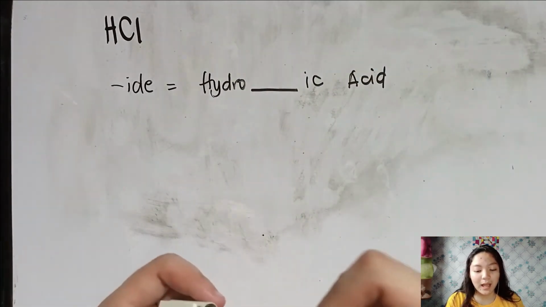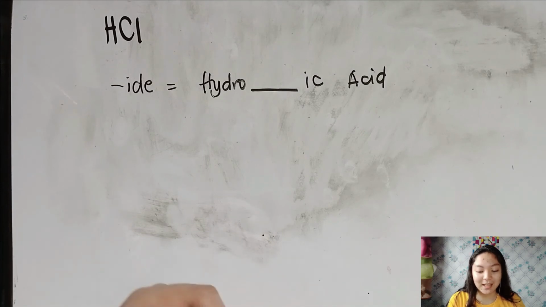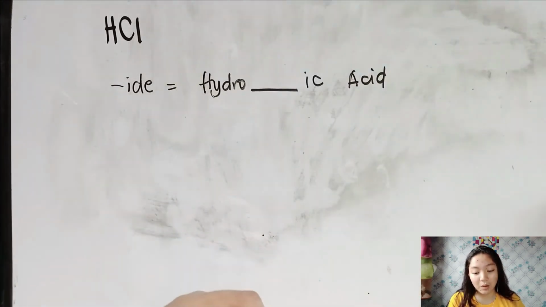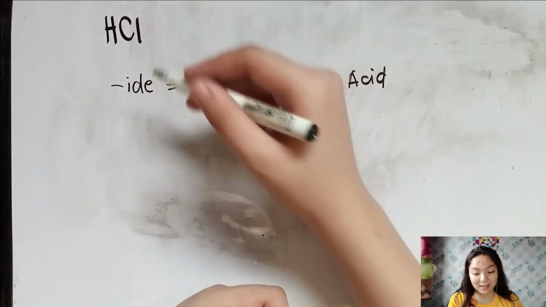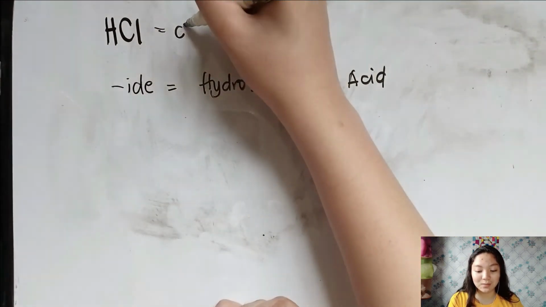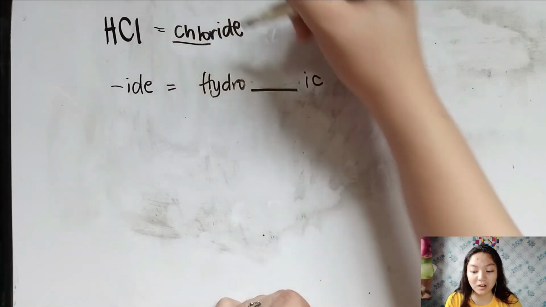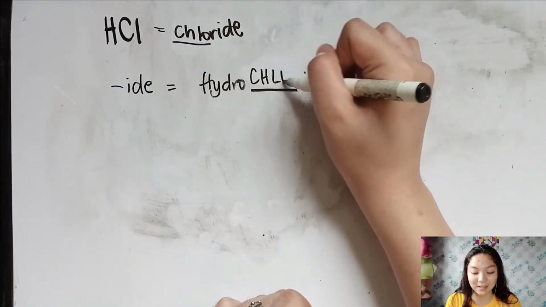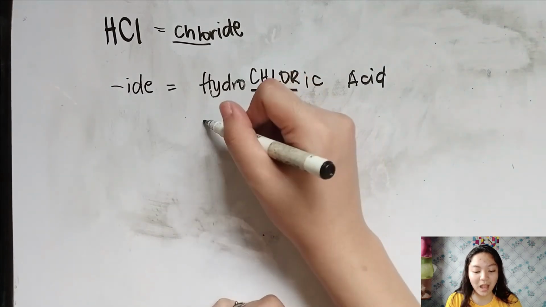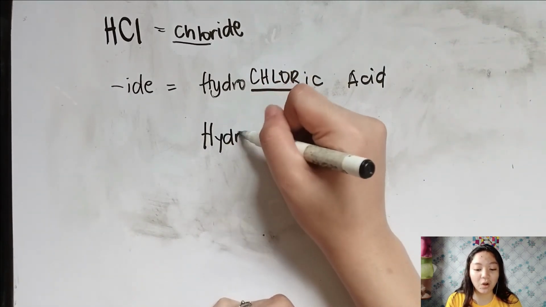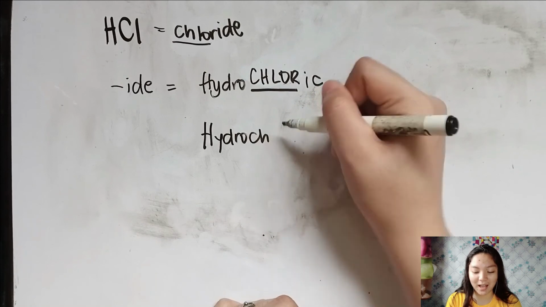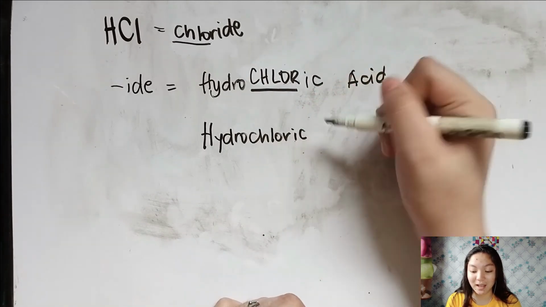So H positive 1 and Cl negative 1 will become chloride, and we get its root name chlor, and add to hydro-blank-ic acid, and it will become hydrochloric acid. That's it. Easy, right? I hope you learned something.